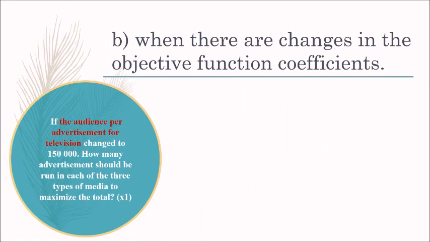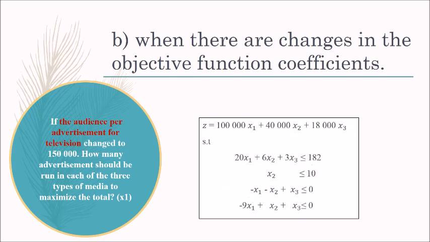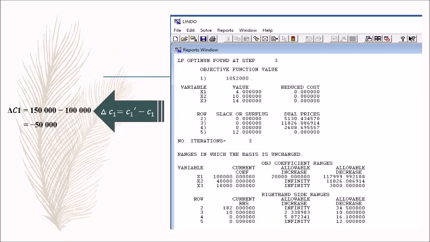From this question, the key point is audience per advertisement for television, which is from variable x1. Since the audience has changed from 100,000 to 150,000, we get delta C1 equal to negative 50,000.